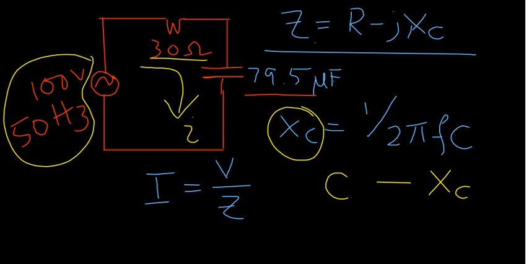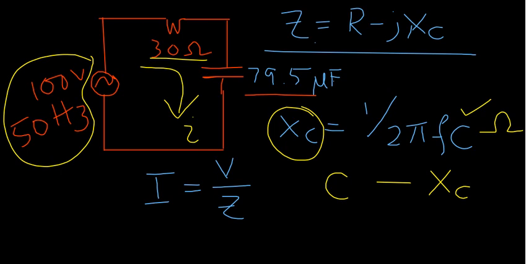That will always be specified in ohm. If the capacitive reactance is given directly, then you need not calculate the value of Xc. However, if you are given the value of the capacitance, then you need to calculate the value of capacitive reactance. So this is a very important point to be noted here.